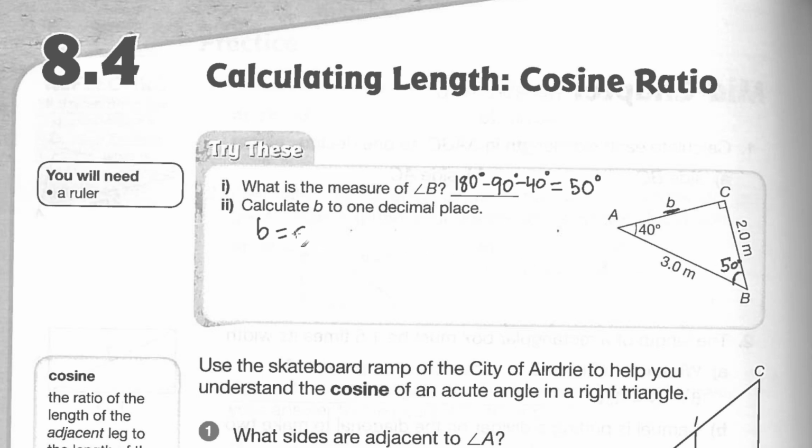So the sine of 50 degrees multiplied by the hypotenuse, 3.0 meters. And when I put that in my calculator, remembering to use my brackets if I need to, I get an answer of 2.3 meters. So B is equal to 2.3 meters. And that's it for the try these. Let's move on.